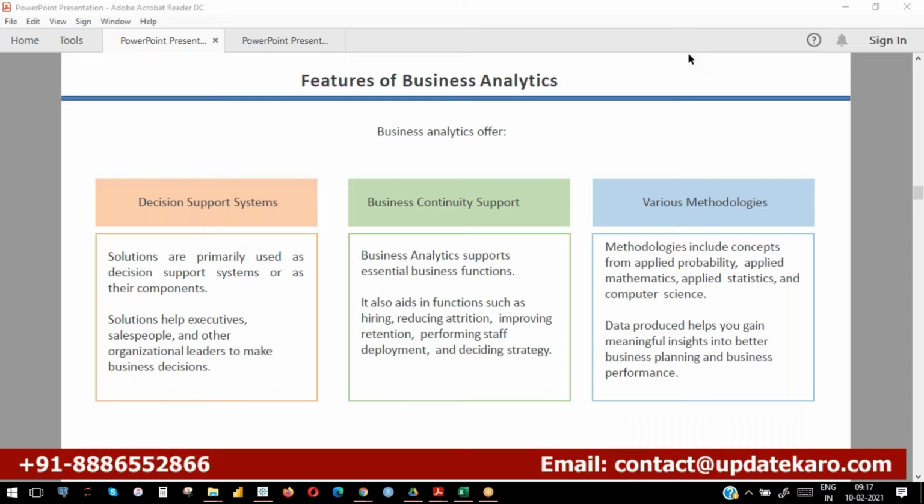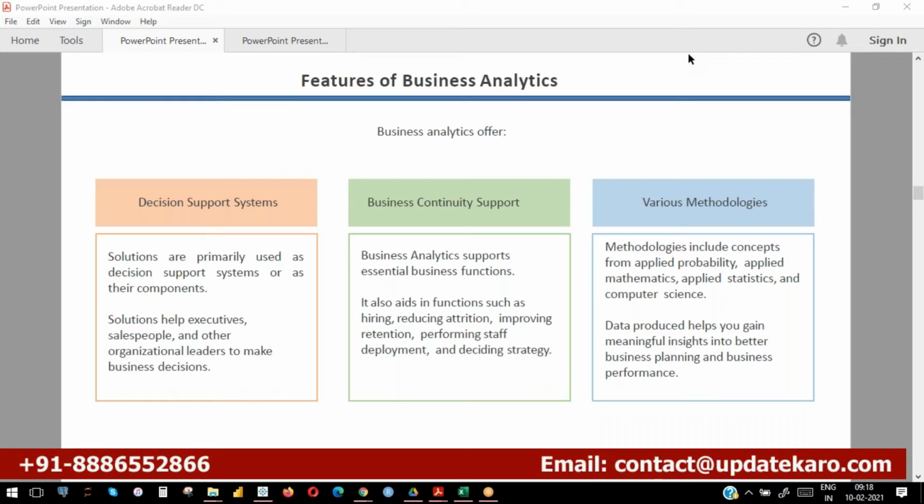And second one is business continuity support. Now you have the business running and you want to let it continue in future. What do you have to do? For example, we'll take an example of the HR department.